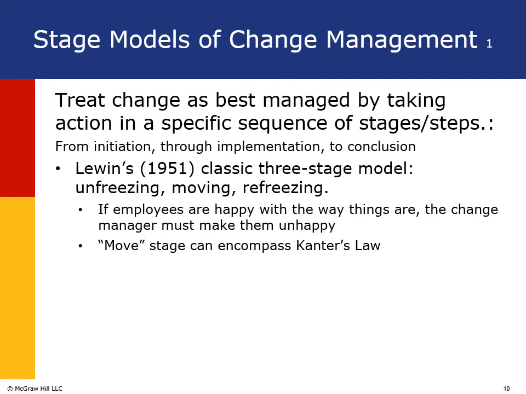You want to get people uncomfortable with or unsatisfied with the way things are currently being done, and let them know that there could be a better way, which is going to make all of our lives easier.